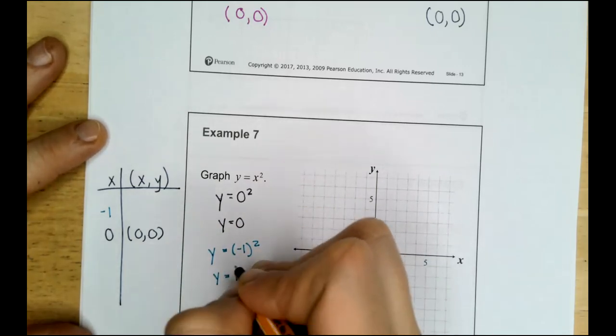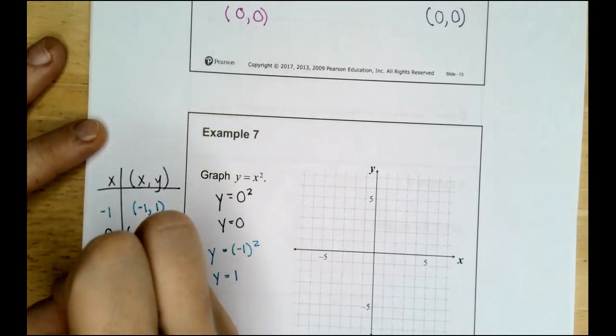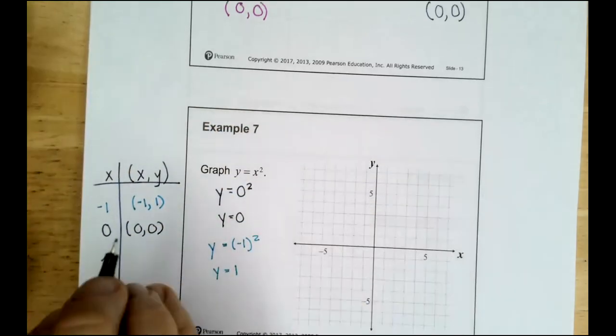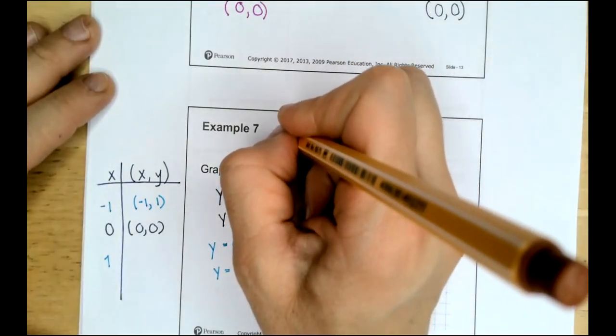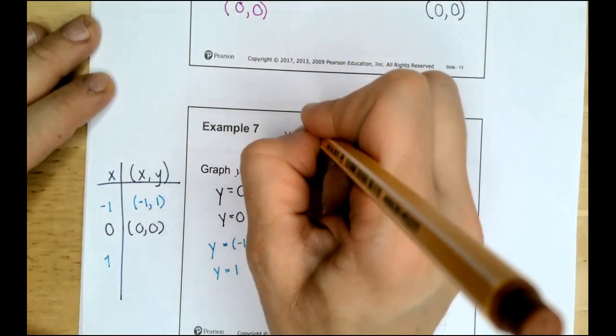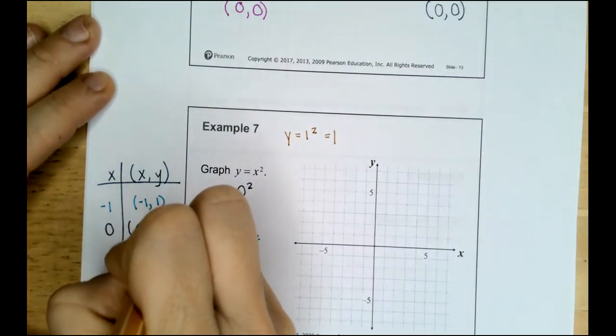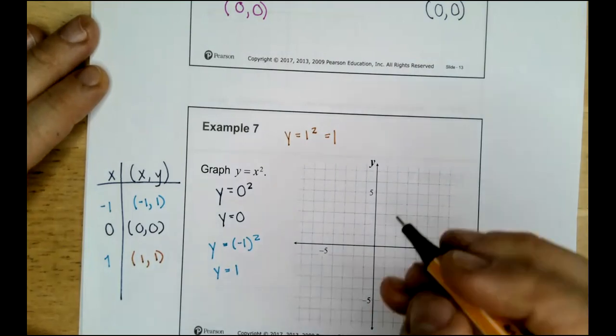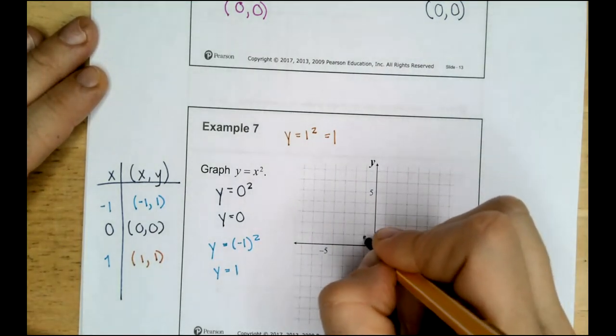Y equals 1. So that point is negative 1, 1. What if x is a positive 1? Again, I like to do the easy numbers. There's nothing wrong with it. Y equals 1 squared, which is just 1. When you look on Desmos, it's the same. So we have 0, 0, we have 1, 1, and we have negative 1, 1.